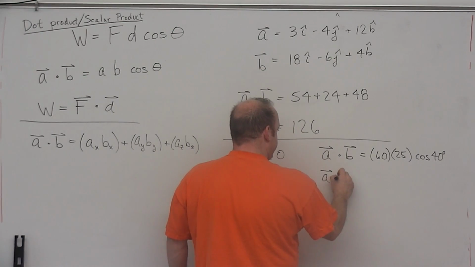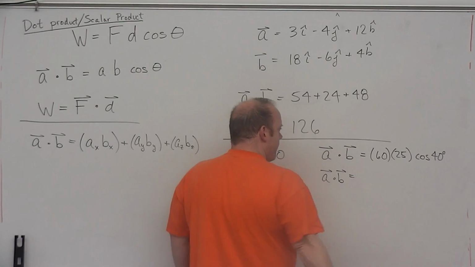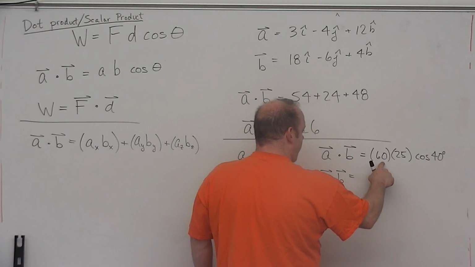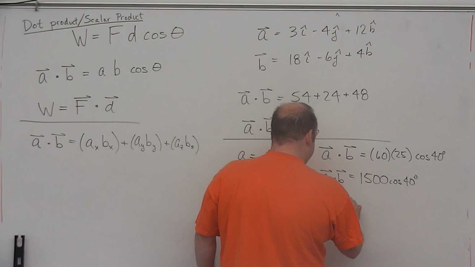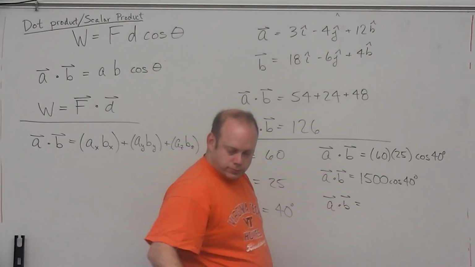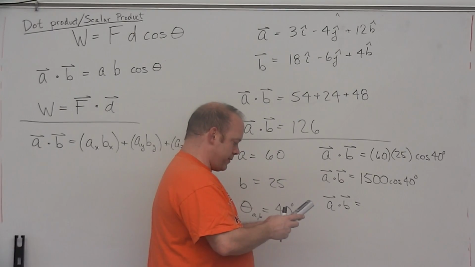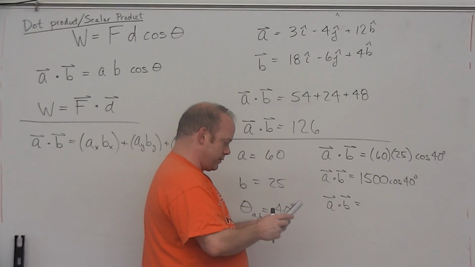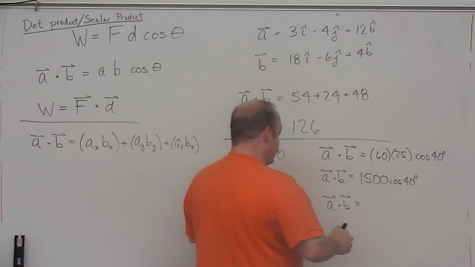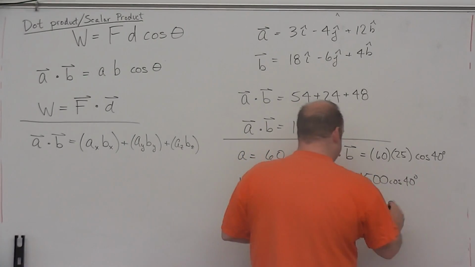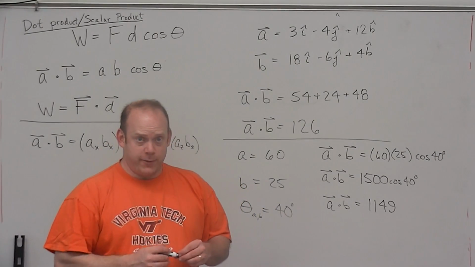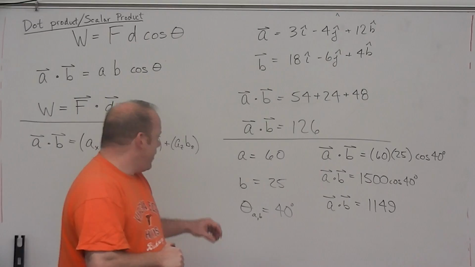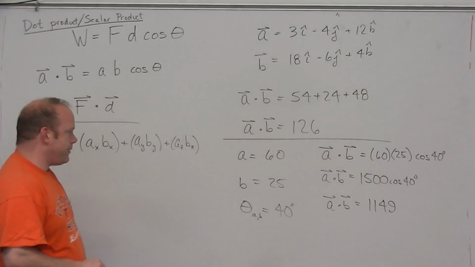So A dot B is equal to 1500 cosine 40 degrees, which is 1149. Again, not really worrying about units yet. That'll definitely be in the next chapter, where we have to start really caring about units. All right, so now that's dot product.